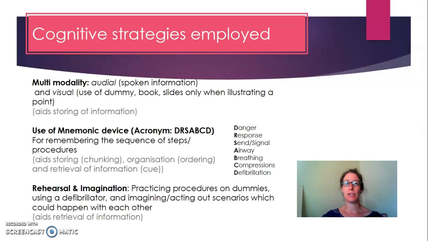The D standing for danger, R response, is the victim responding to you, S signal for help, I will call 000, A check the airways, B breathing, C compression, start compression, and D the use of defibrillator, as the heart has stopped. So yeah, I thought they were very useful strategies.